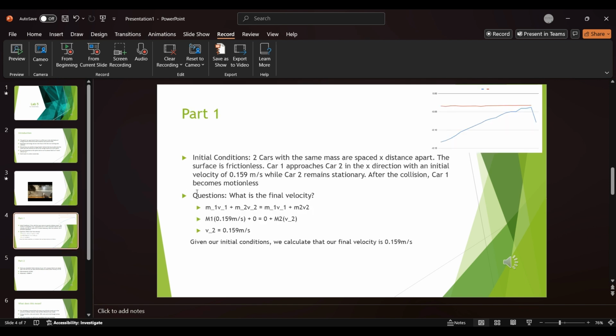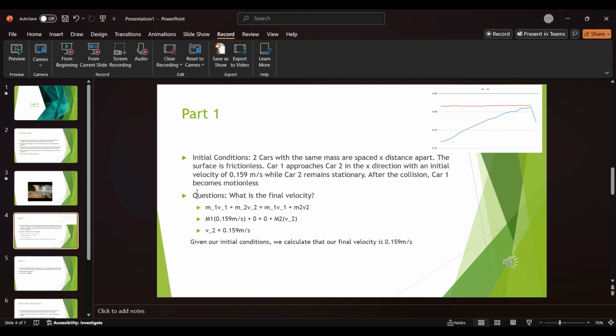Just to set a few initial conditions, we said that there were two cars with the same mass, x distance apart. The surface is frictionless. Car 1 approaches car 2 in the x direction with an initial velocity of 0.159 meters per second, while car 2 remains stationary. After the collision, car 1 becomes motionless.